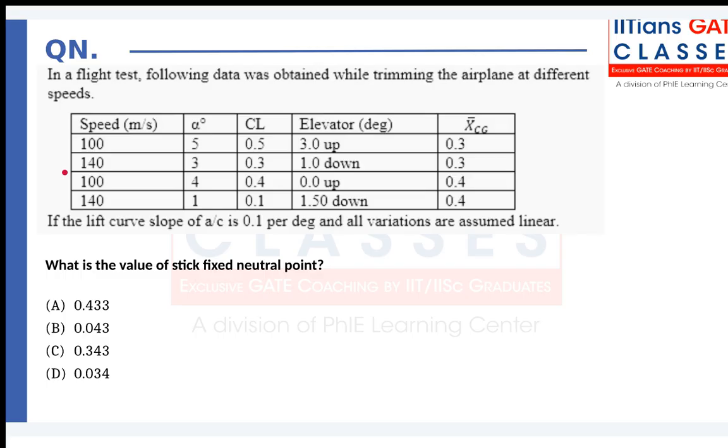The question they've asked is, what is the value of the stick fixed neutral point? Now we use the same equation that we used in the last question. That is the hint that I'll give you.